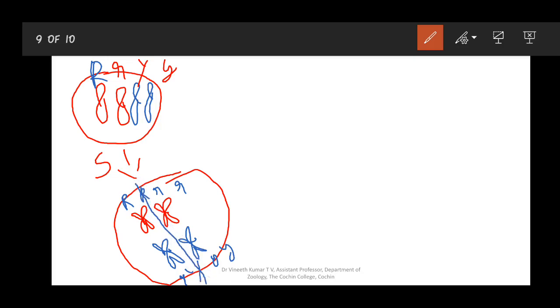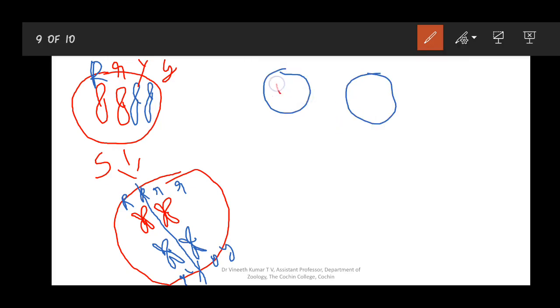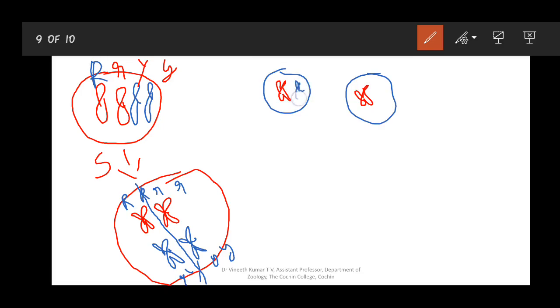As a result, you get 2 cells for sure. One possibility I'm drawing here is one cell will be having capital R and capital Y. These two are moving on to one cell and these two to another cell.